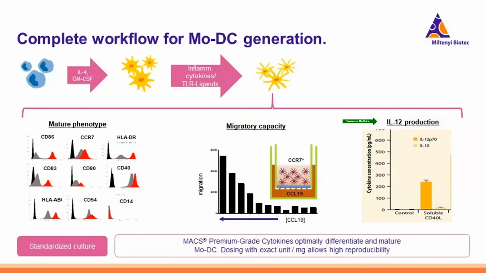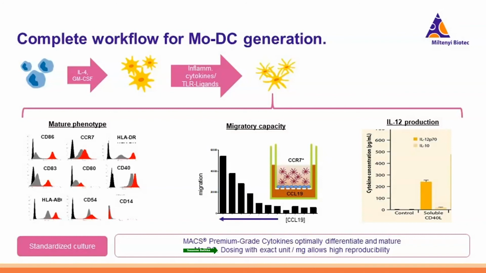And with this exact unit per microgram dosing that we have with our premium grade cytokines, you always stimulate your moDCs in the right way. So you're really always using the same activity, so to say. So you're not putting in one time much more than the other time.